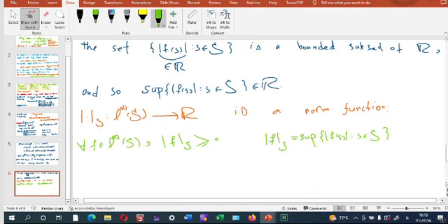And also it is very trivial that if this norm equal to 0, then this supremum must be 0, so that all of this must be 0.